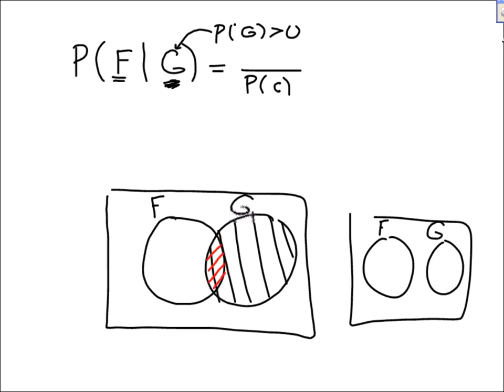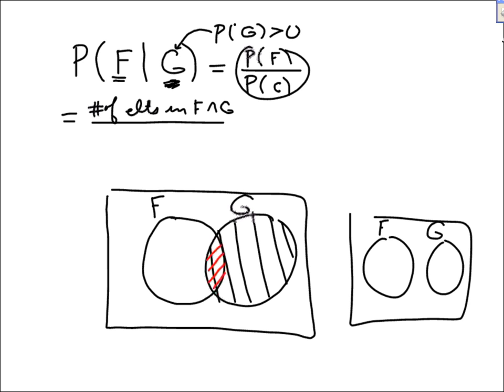But that area is the probability of F. Now, if I wanted to be more formal, I would not have written that first. I would have written the number of elements in F intersect G, that's the probability you're in the red, divided by the size of the sample space, the number of elements in G.